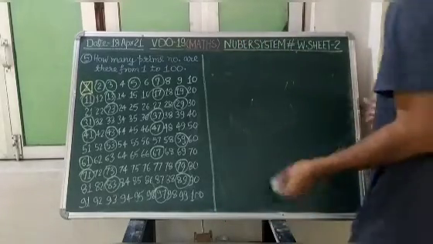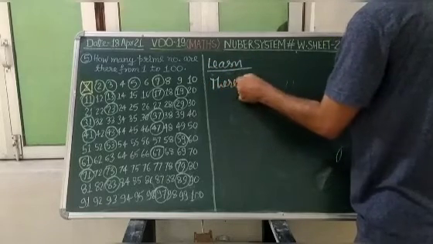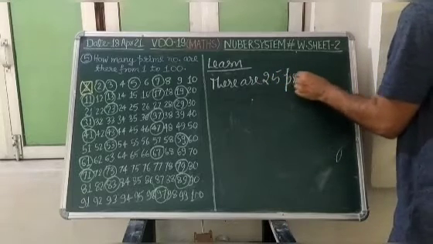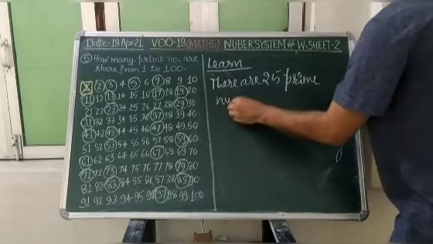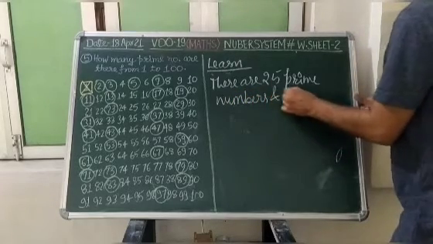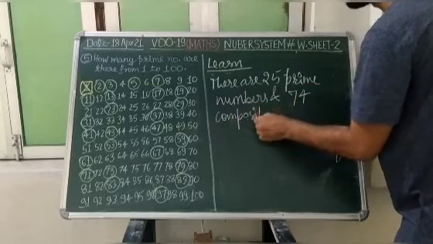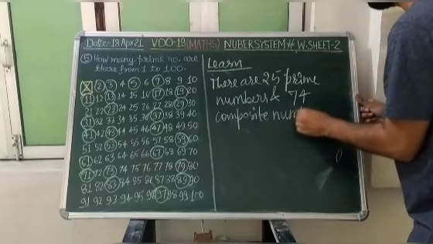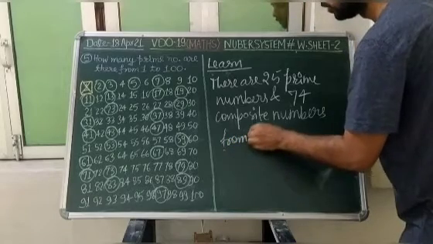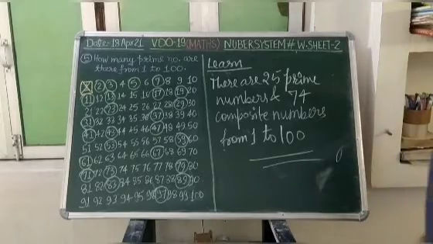So my suggestion is to learn there are 25 prime numbers and 74 composite numbers from 1 to 100. You can remember, I think.